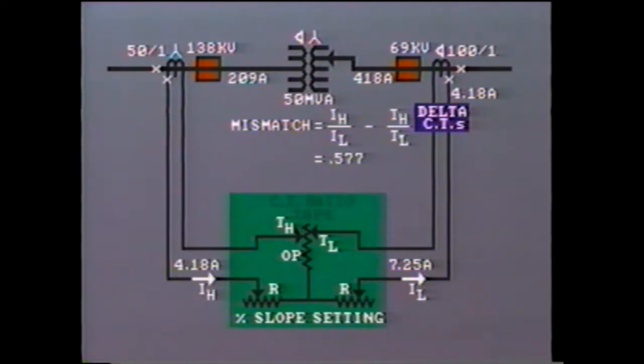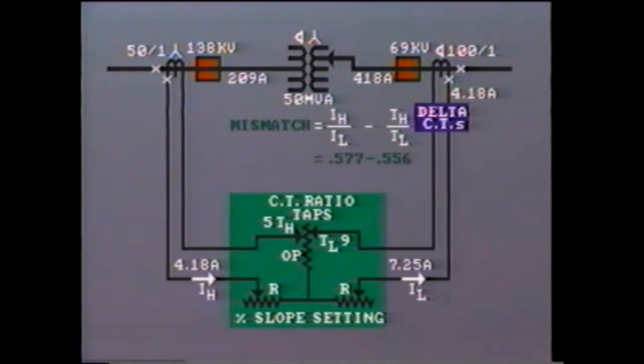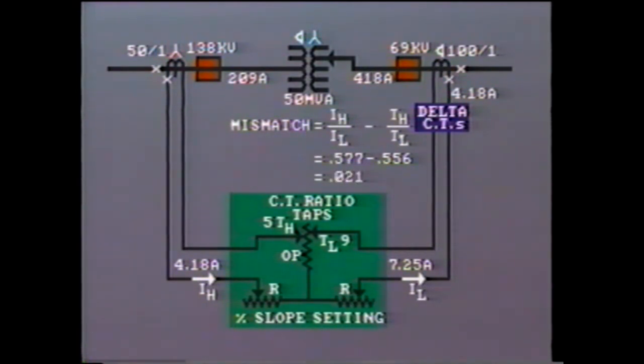Let's now look at the taps. And suppose we have the high side CT tap set at 5 and the low side tap set at 9. The ratio TH over TL equals 5 divided by 9, or 0.556. The difference between these two, that is, the mismatch, is 0.577 minus 0.556 equals 0.021.